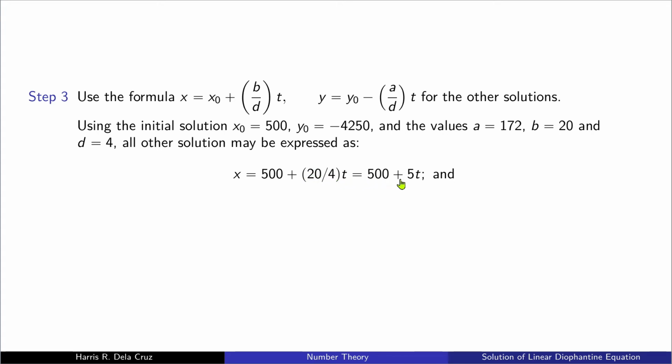So that's 500 plus 5t. For y, we have negative 4250 minus 172 over 4 times t. Or when simplified, that's negative 4250 minus 43t. Of course, for any arbitrary integer t. And that's it. If you want a particular solution, just plug in t here in our two equations, 500 plus 5t and negative 4250 minus 43t for x and y, respectively.